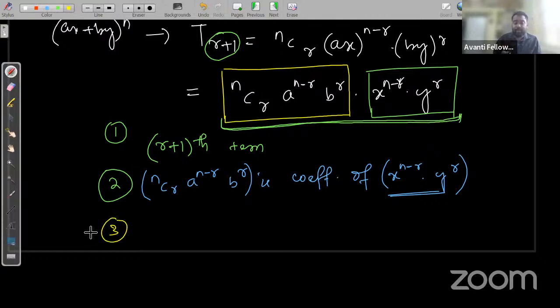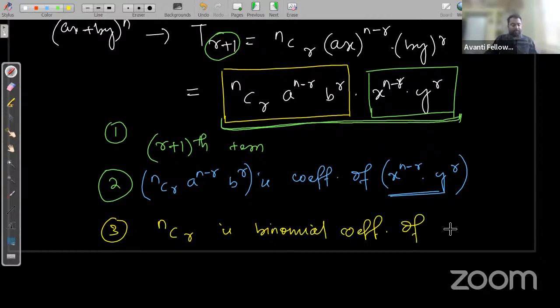But the third thing is, what are the binomial coefficients you are getting here? The binomial coefficient is actually nCr, which is the binomial coefficient of the r plus 1th term.